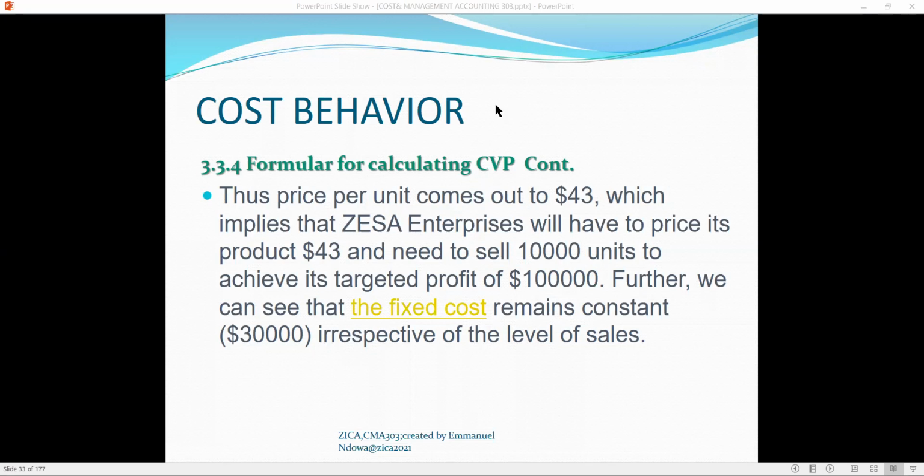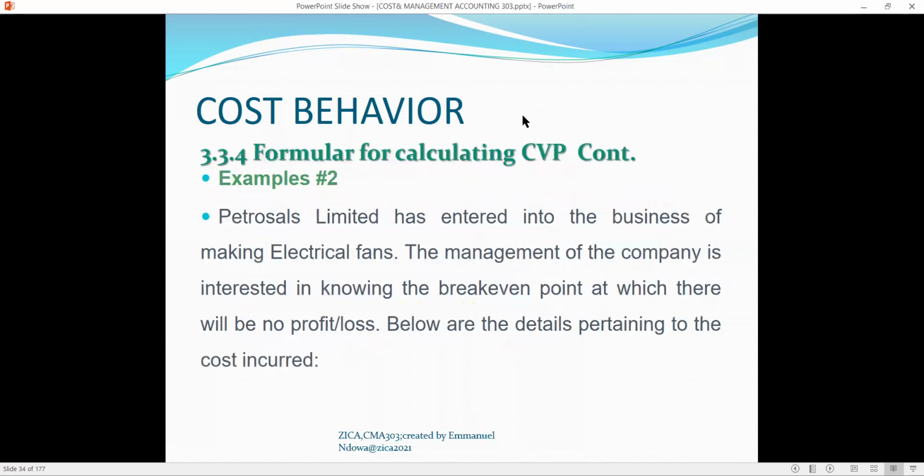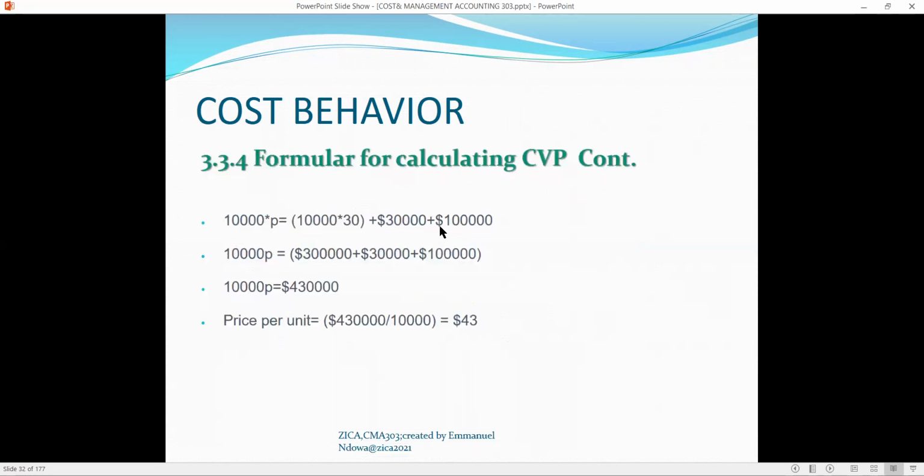We substitute the 100,000 with 200,000 in the formula.